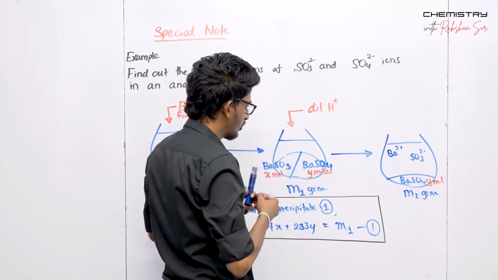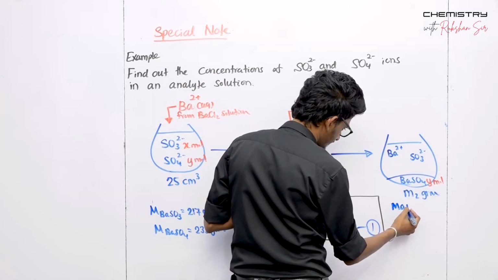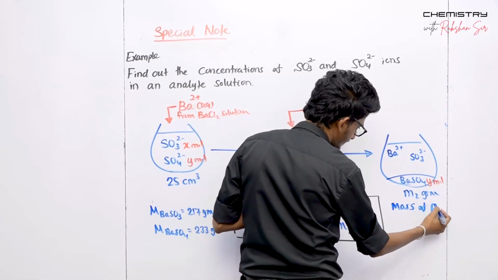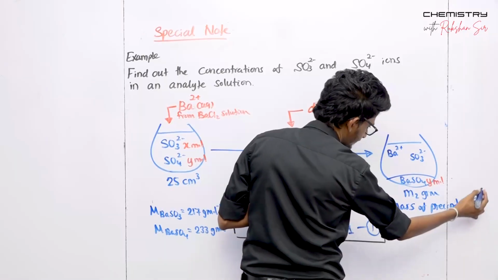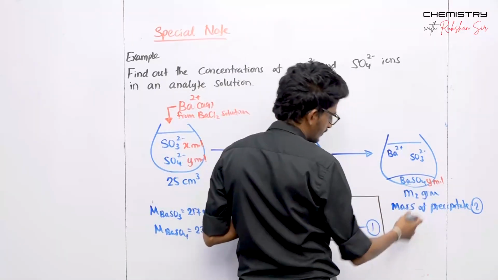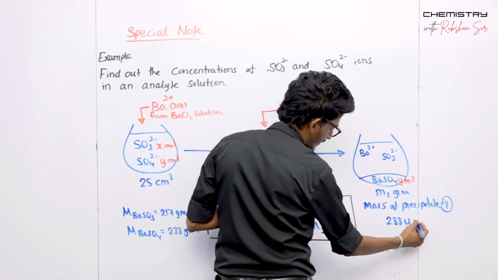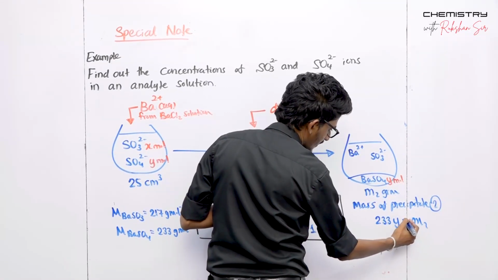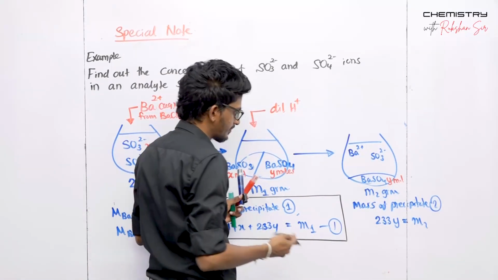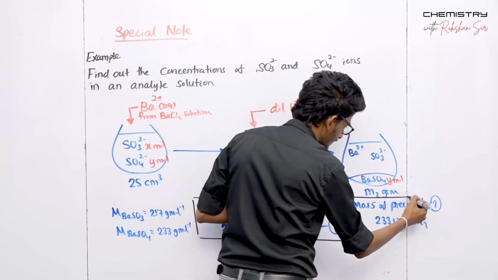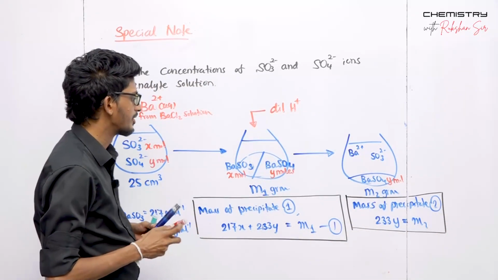For the mass of the precipitate 2, you can write Y moles into its molar weight, that is 233, that will be equal to M2, right? So this is the mass of precipitate 2.